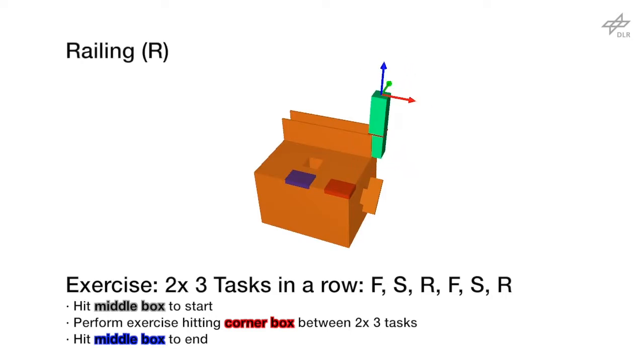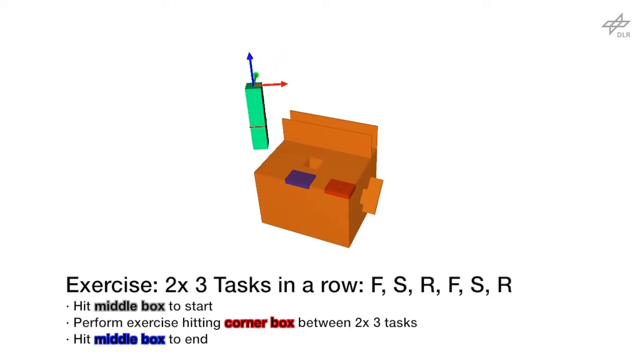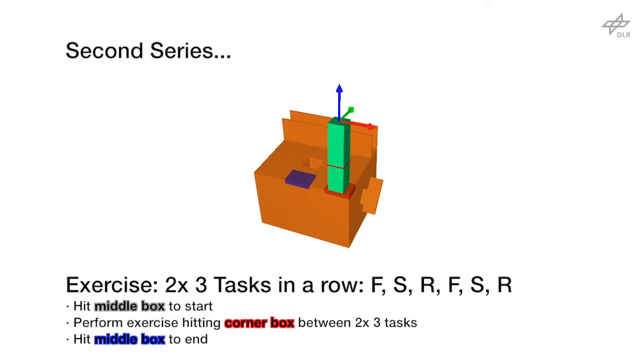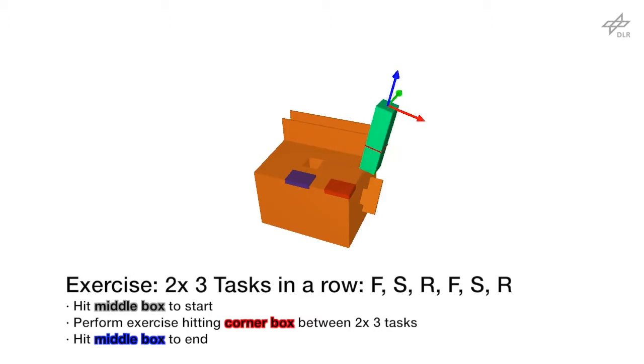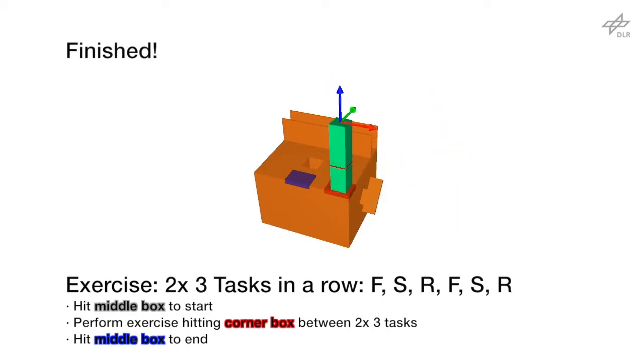And railing. Participants had to hit a corner box between the tasks. The exercise was finished by hitting the middle box again, after completing 2 series of the 3 tasks.